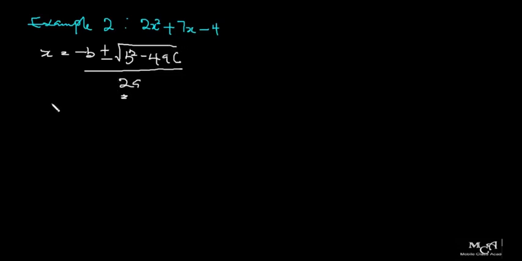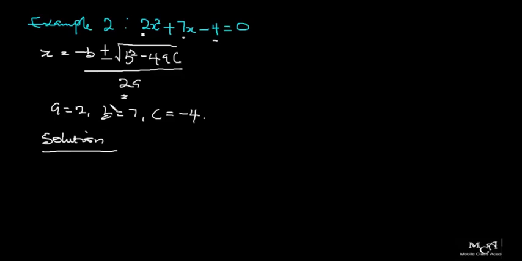So what is our a? Remember here our a is 2, our b is 7, and our c is minus 4. Let's write out the value of our a, which is 2, the value of our b, which is 7, and the value of our c, which is minus 4. So what is our solution?